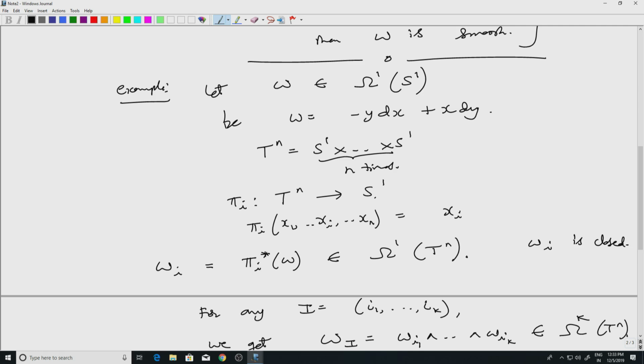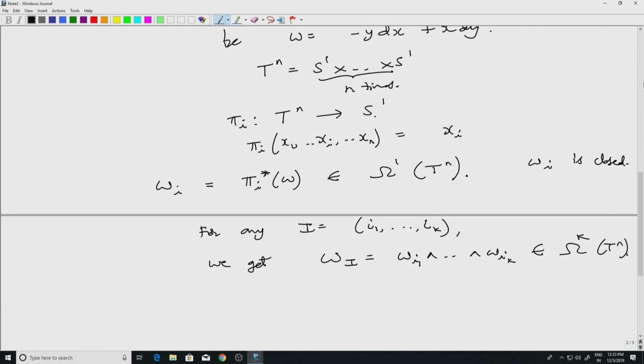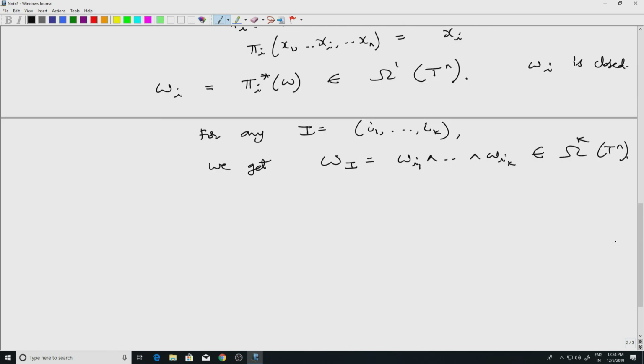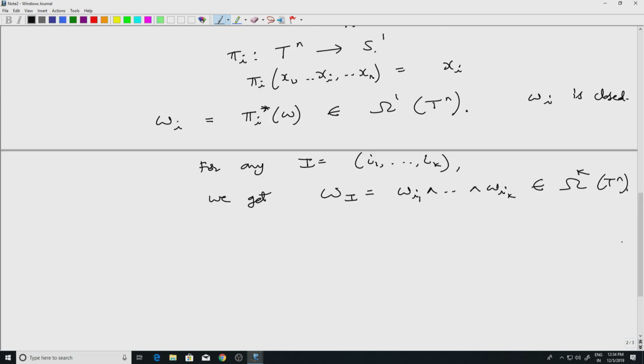Pullback of a closed form will be closed. Therefore omega I is closed, and I also know that the wedge product of closed forms is closed by the Leibniz rule. So omega I is closed.